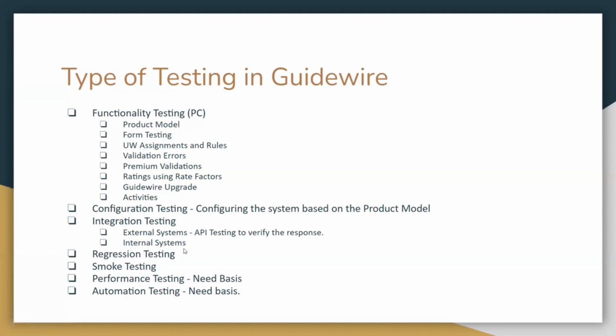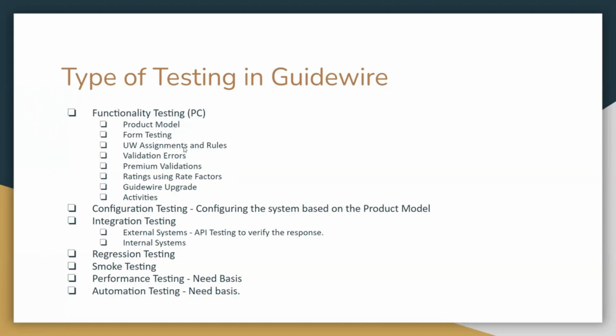These are the additional testing done as part of the project: regression or retesting, smoke testing, sanity, performance, and automation, done on a need basis. If you are part of any Guidewire project, these are the things you might expect in real-time applications, but not everything. It is limited. Some projects only deal with the product model. Some projects deal with only rate factors, and they don't even work on product model forms.